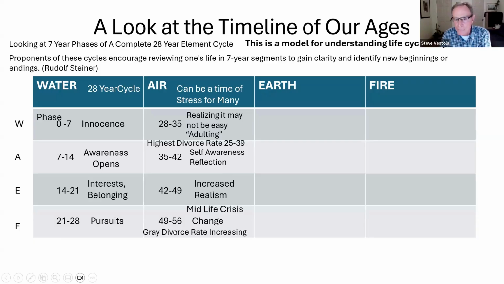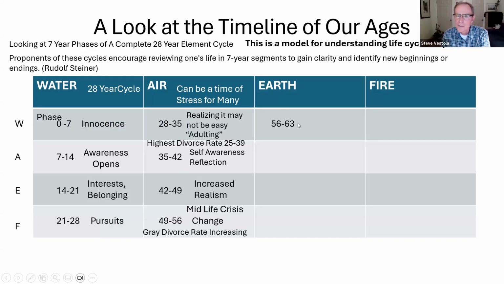And increasingly, folks that are older than 56, in their 60s or 70s, there's what they call a gray divorce rate that's increasing, as older folks realize they may not want to prolong certain relationships, and that there's something more to life. So change may occur during this time. It's a time of stress for many, it can be.